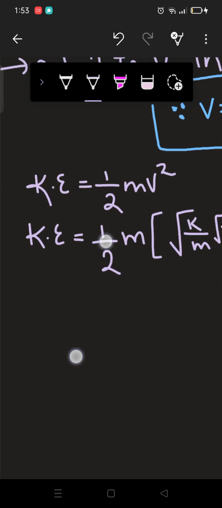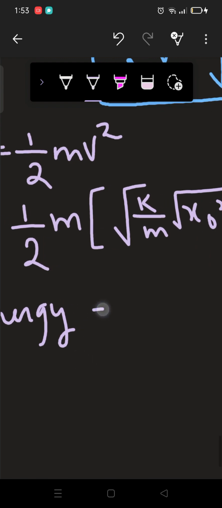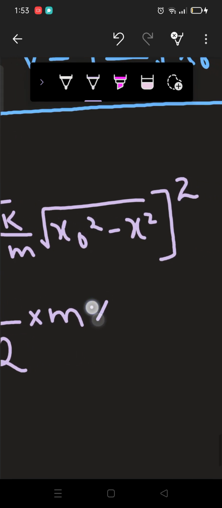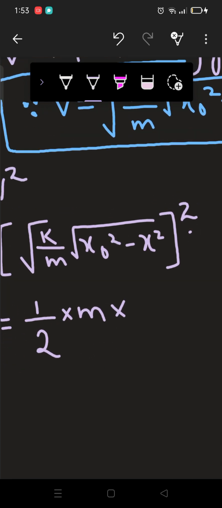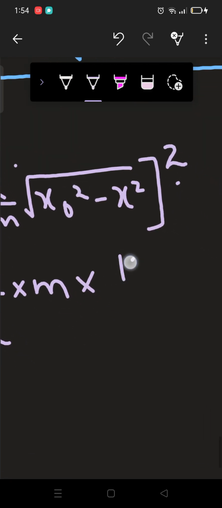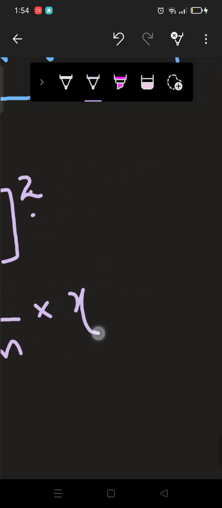Now we need to simplify it. So kinetic energy is equal to half into m, into, when square will go on this, this square will be cancelled with this under root, so we have now k by m. This square would be cancelled with this under root, so now we have x naught square minus x square.